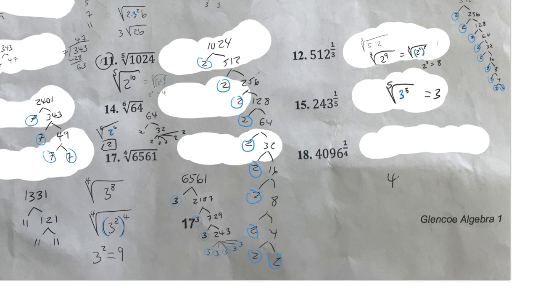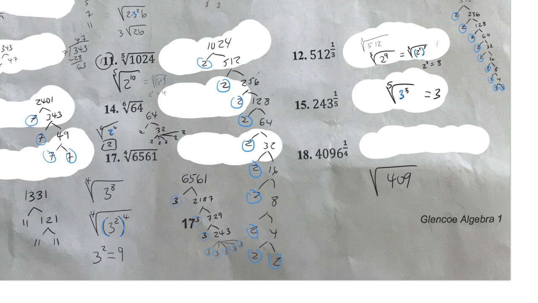Looking at 409. Let's see. Does 2 go into that? No. Does 3 go into it? 4 plus 9 is 13, and 13 is not divisible by 3. So upon investigation, you would see eventually that 409 is not divisible by any of those prime numbers.